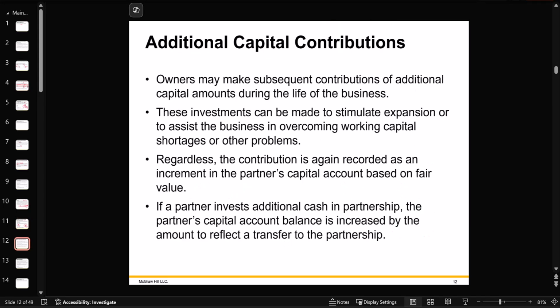Here they call that additional capital contributions. Again, just debiting the asset, probably cash for the partnership, and crediting the partner who had contributed that cash or other asset.